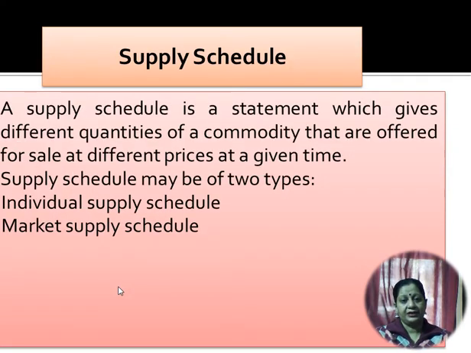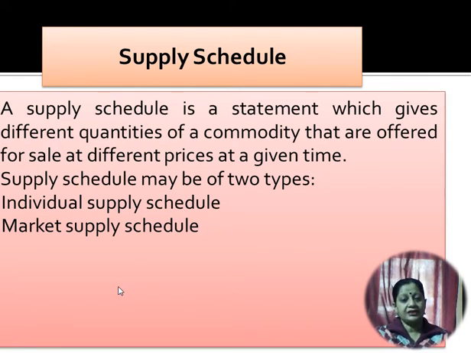Supply schedule. Supply schedule is a tabular representation of the data in which we have price and quantity supplied in a table form. So the tabular representation of the data is known as the supply schedule.